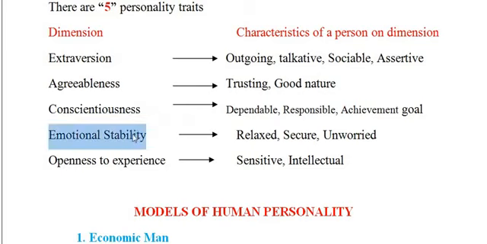Emotional stability focuses on the individual's ability to cope with stress. The individual with positive emotional stability tends to be calm, enthusiastic and secure. A person with low emotional stability tends to be nervous, depressed and insecure. Openness to experience. It refers to one's range of interests.